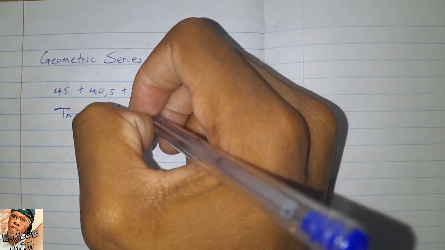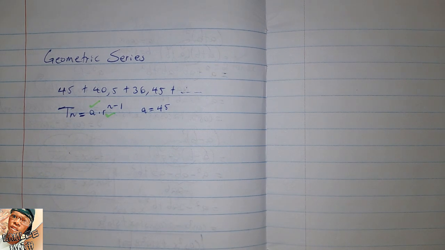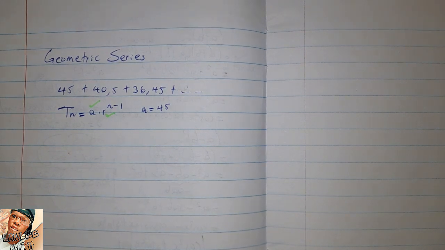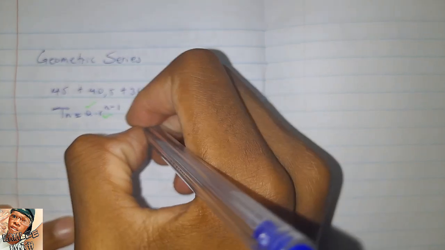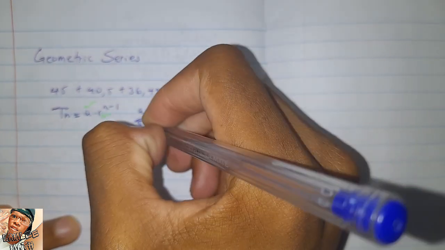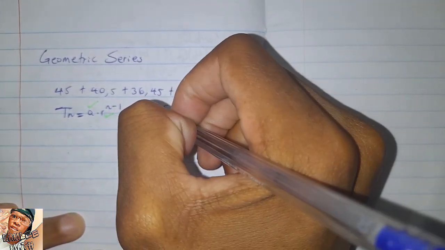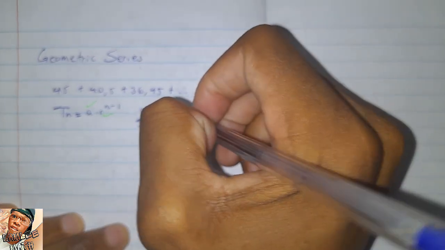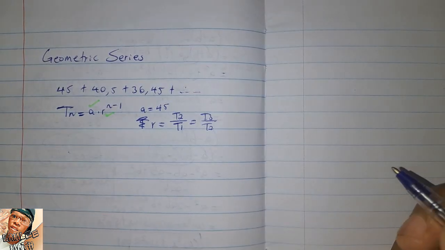So I'm going to write here, A is equal to 45. However, I do not know what the value of R is. To find the value of R in a geometric series question, R is equal to T2 divided by T1, which is also equal to T3 divided by T2.